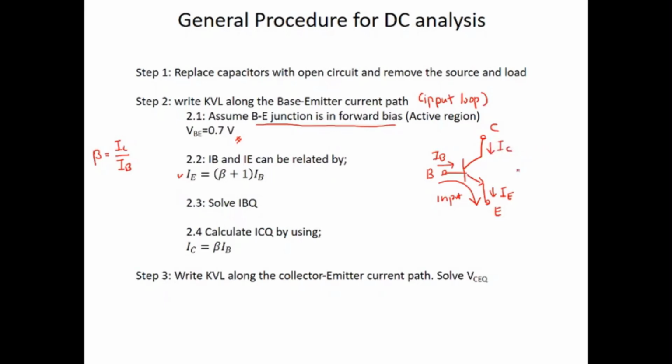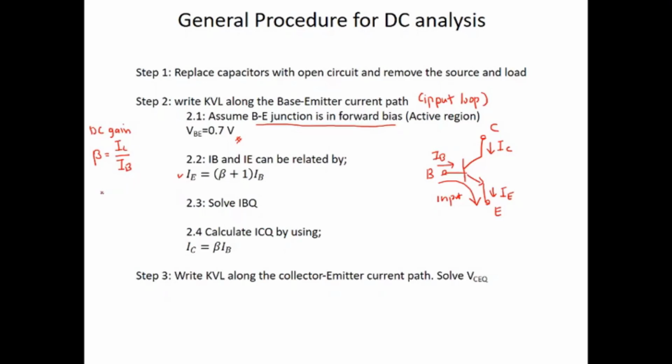Beta is the DC gain, output current over input current, so IC over IB.